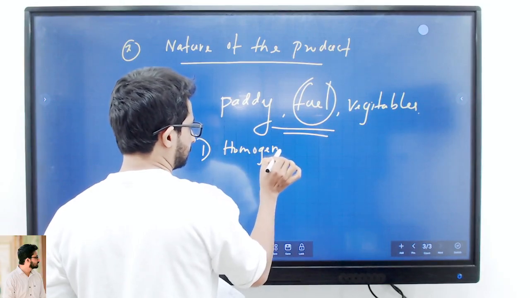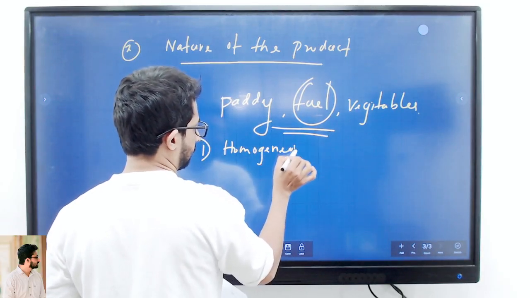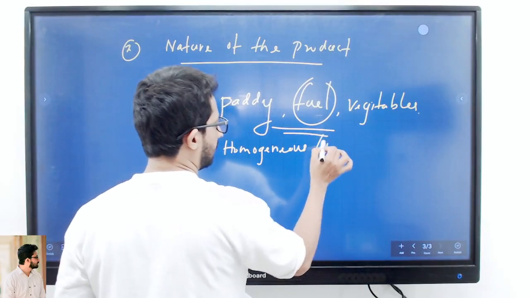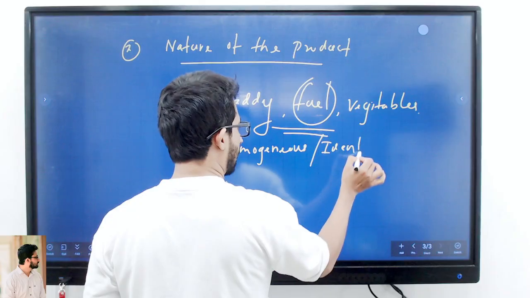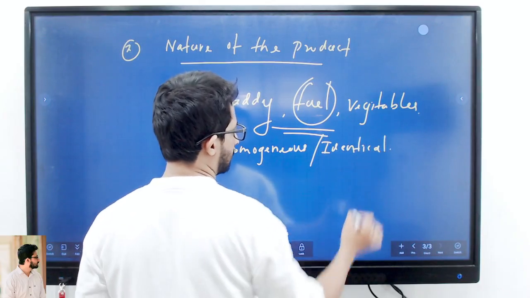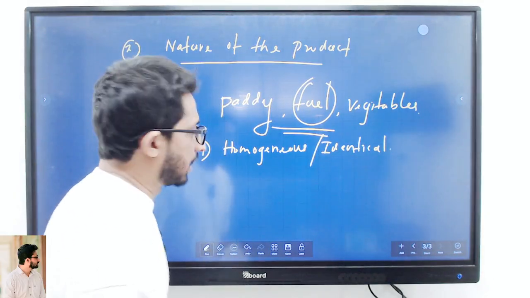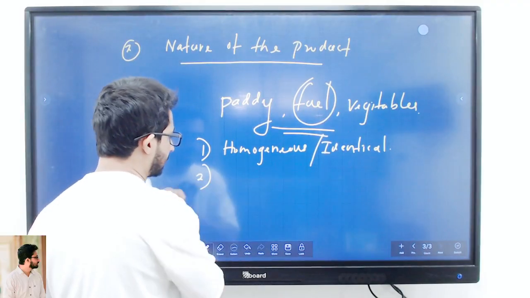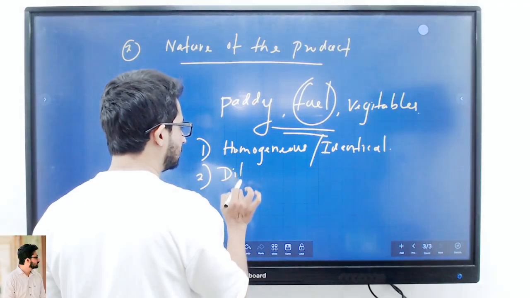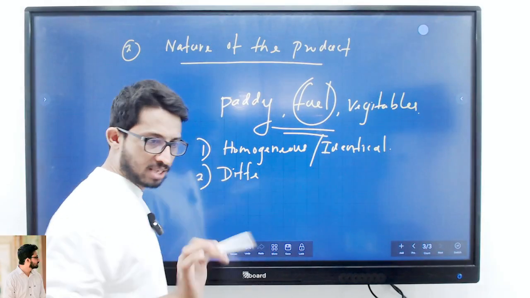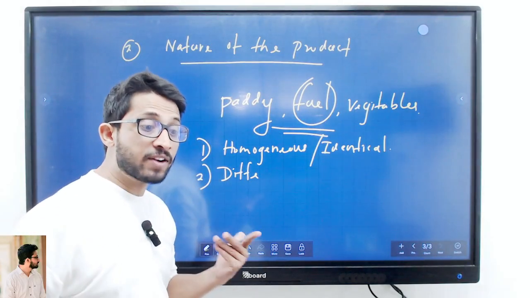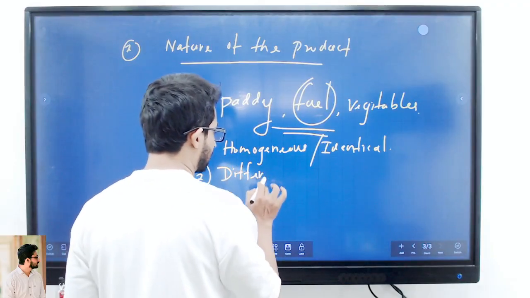I'm talking about the second dimension of market structures. The second category is differentiated. In some markets, products can be differentiated. What is meant by differentiated?